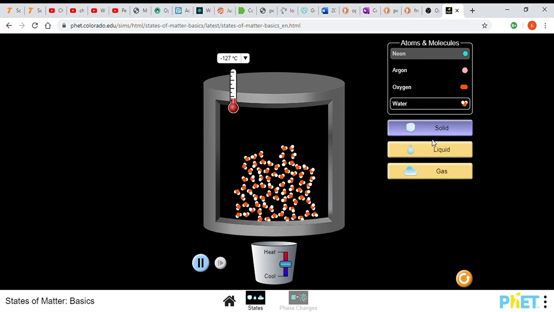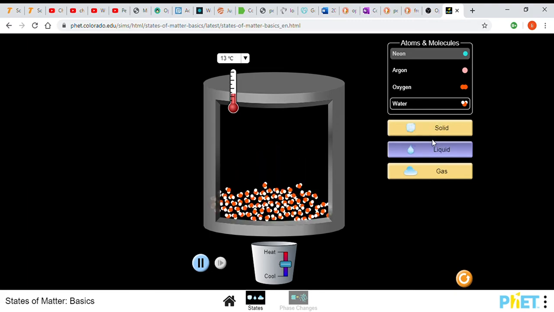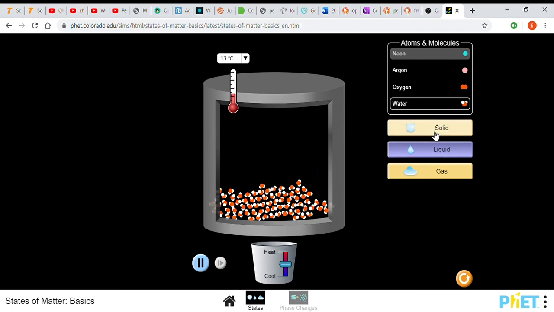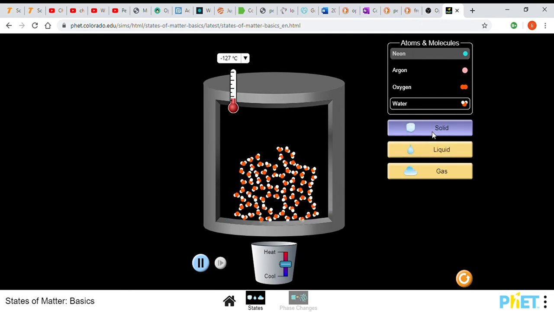But the solid has more spaces between and is less dense than the liquid. And what does that mean? Well, a piece of wood is less dense than water, and a piece of wood floats on top of water. Since ice, as the solid form, has more spaces, it is less dense than liquid water, and so ice will float on water.